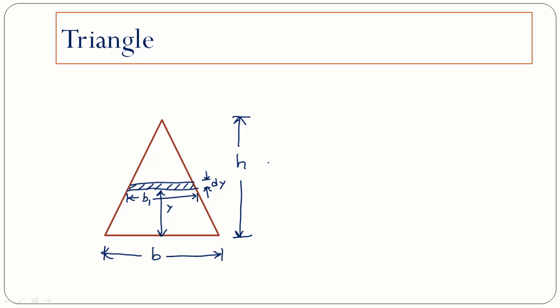So this is dy thickness, and the width of the section, let us consider it as b1. Now from similar triangles principles, we know that if we consider this part as one triangle and the total triangle, the ratio of bases will be equal to ratio of heights. So from that, b1 by b is equal to h minus y by h.